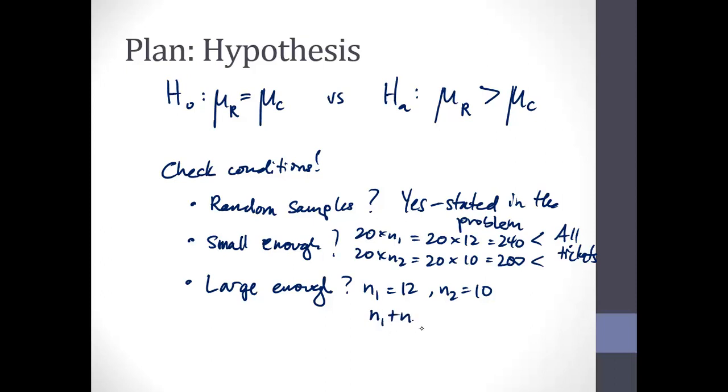So n1 plus n2, the sum there, is 22. But we have a normal population. In the question it said assume normality, so assume that our populations have a normal distribution. When you have that assumption, we're good to go sort of regardless. It doesn't matter how big n1 and n2 are, we're okay to go.